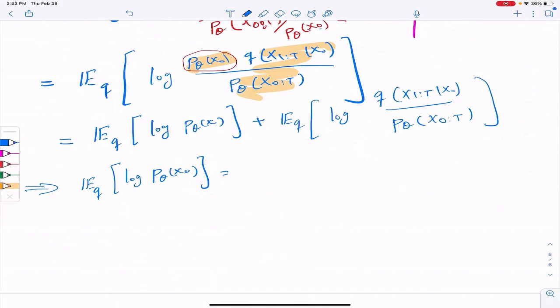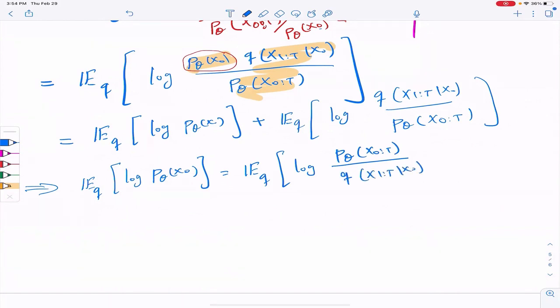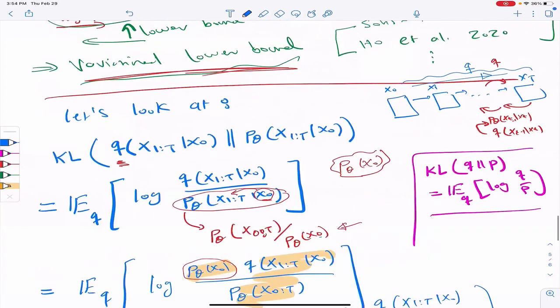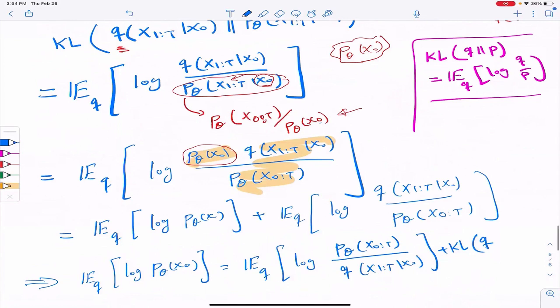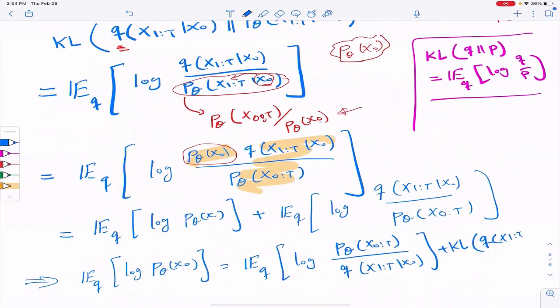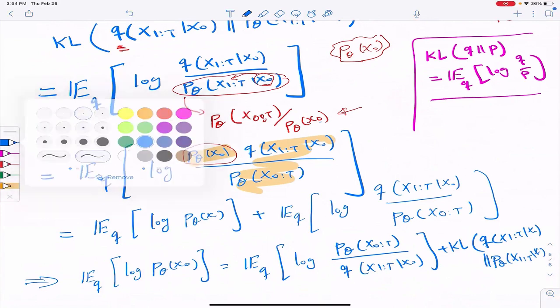The minus goes into the log, and I switch the denominator and the numerator, so I get the expectation over q of log of p theta of x0 to t over q of x1 to t given x0, minus this KL term between q of x1 to t given x0 and p theta of x1 to t given x0. That's the KL term that we have on the right hand side.